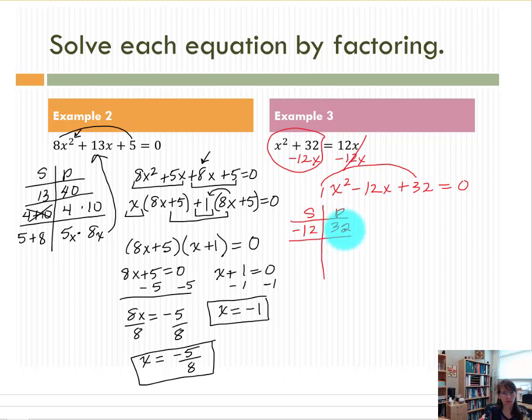Now 32 has several factors. It doesn't matter what you start with as long as you can end up with something having a sum of negative 12. So with 32, I always think of 8 times 4 first. 8 plus 4 for the sum makes positive 12, but our sum is negative.